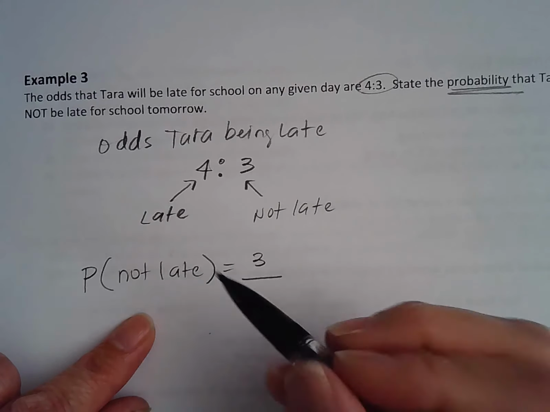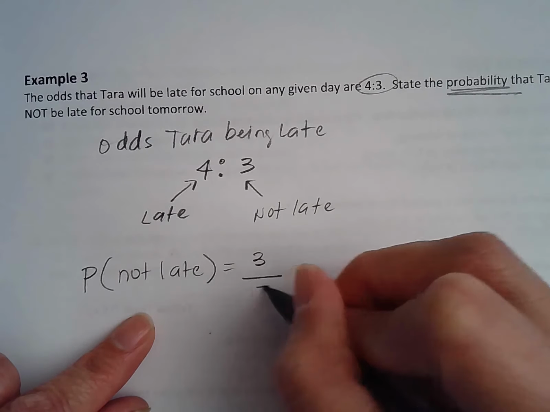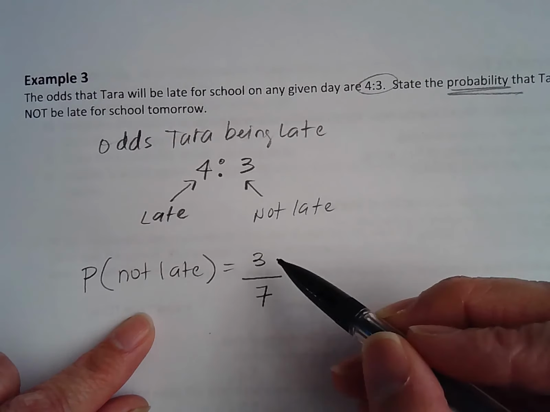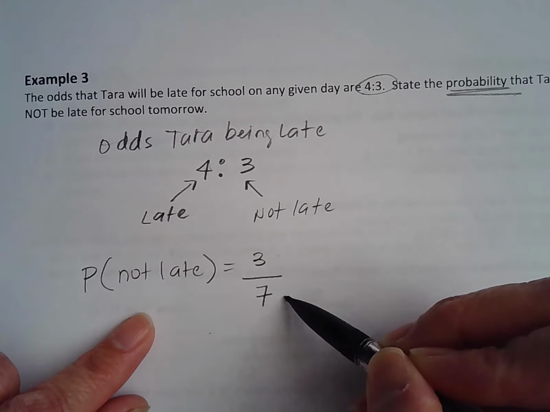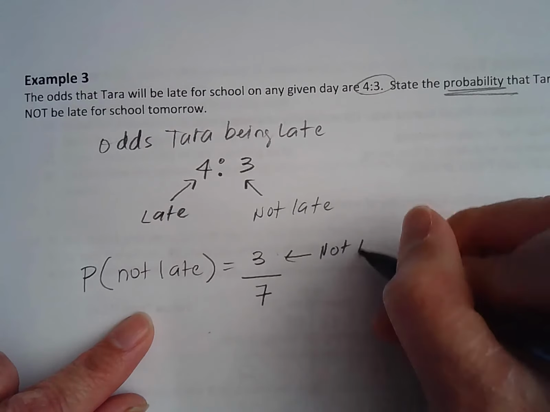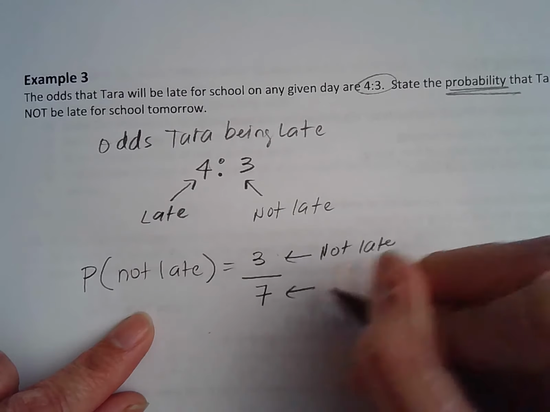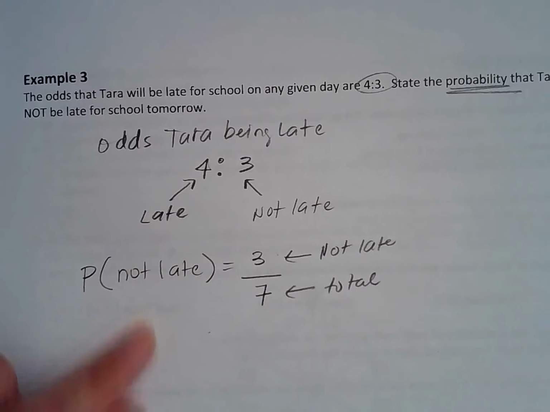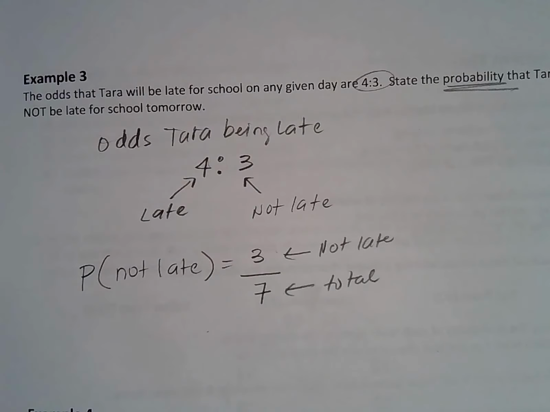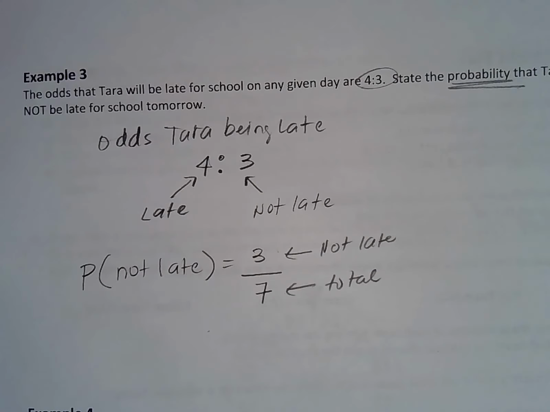So that's 3 out of the 7, because this is late or not late, and then this one would be the total. The probability includes the whole thing, the total. Good.